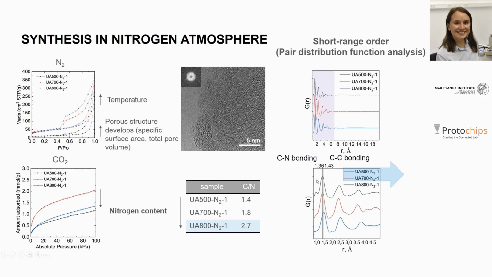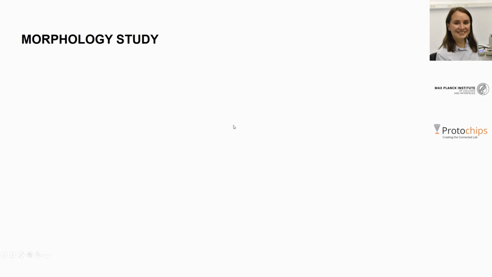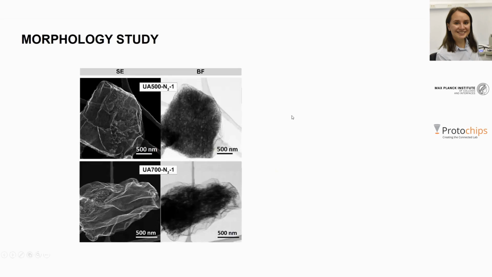In the case of the 500 degrees sample, the shell is tightly attached to the core, which makes it not accessible for nitrogen during the adsorption. In the case of the 700 sample, the shell partly detaches from the core and ruptures on some of the particles, facilitating the access of nitrogen to the core. Therefore, the development of favorable porosity at low condensation temperatures is obscured because of the formation of the core-shell structure.